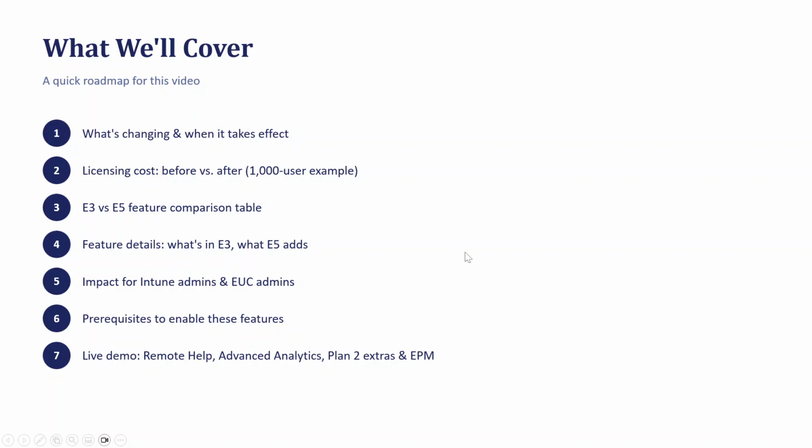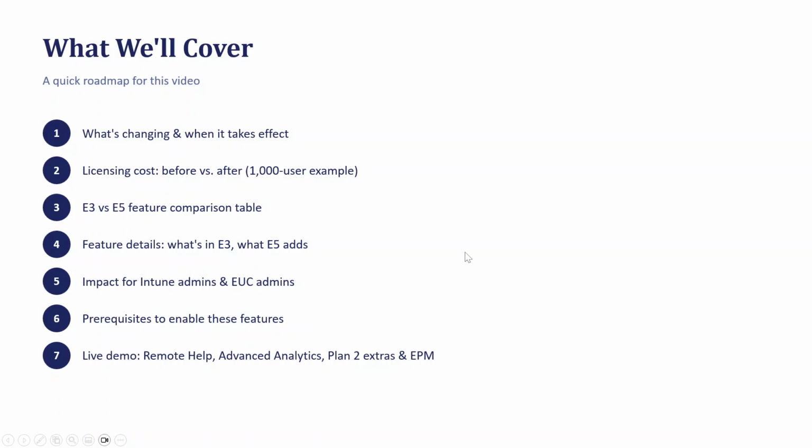So if your organization has the E5 or E3 license, this video will be very informative for you. I request you to watch this video till the end so that you can get the full detail, and also you will learn lots of things.